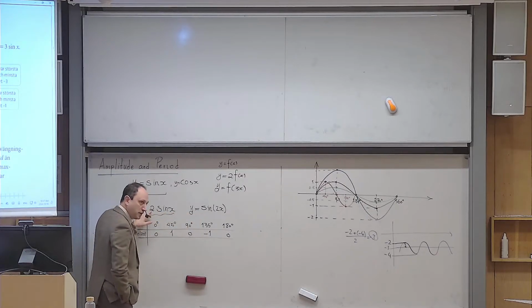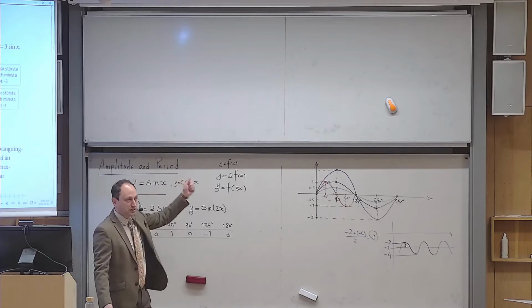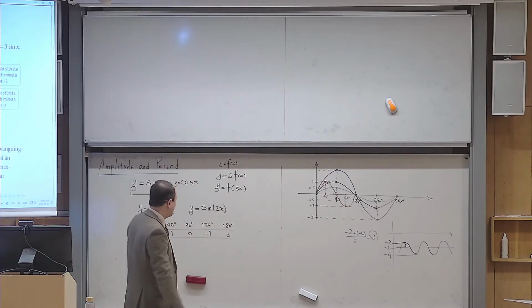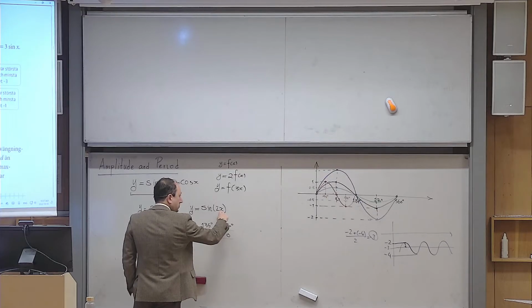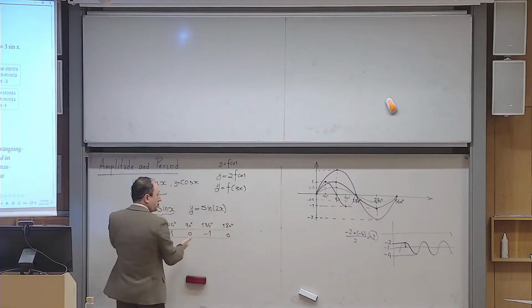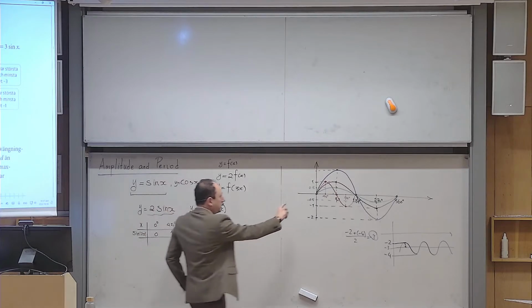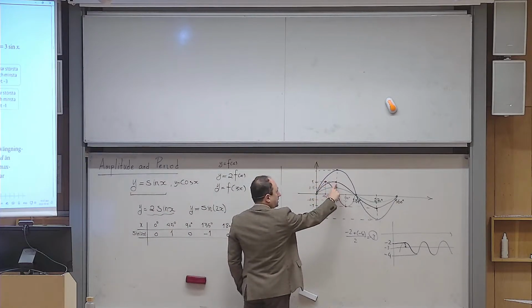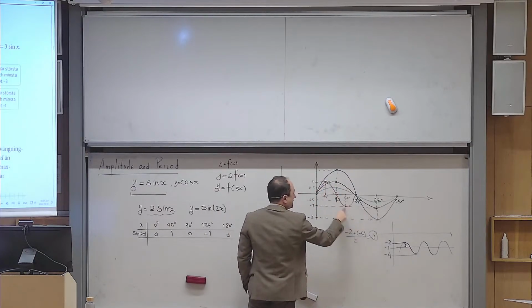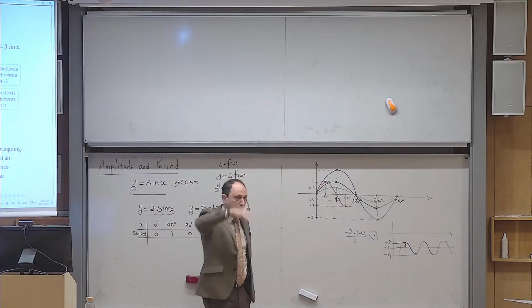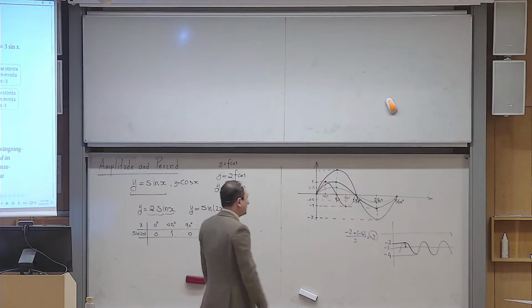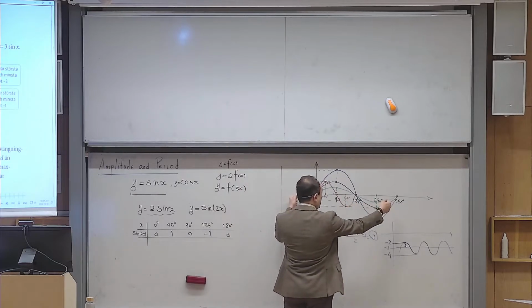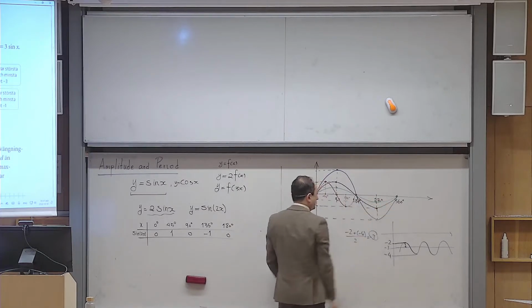Here you multiplied by 2, the effect was stretching it along the y direction 2 times larger, but here you are multiplying the angle by 2, but the effect, first of all, is not on the y direction. Look, nothing has changed in the y direction. The height in the black one is 1, the minimum value is minus 1, still they are the same. So nothing has happened in the y direction, but I have squeezed the graph of the black one 2 times. So, okay, I made it half size of the previous.